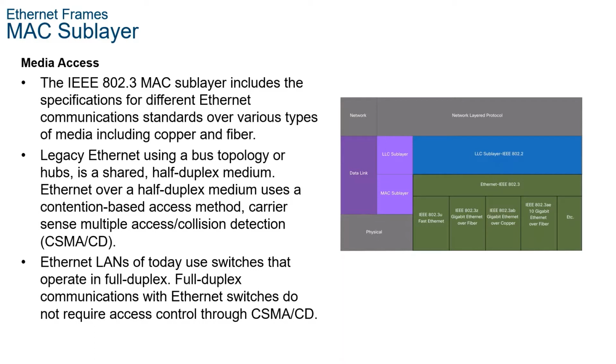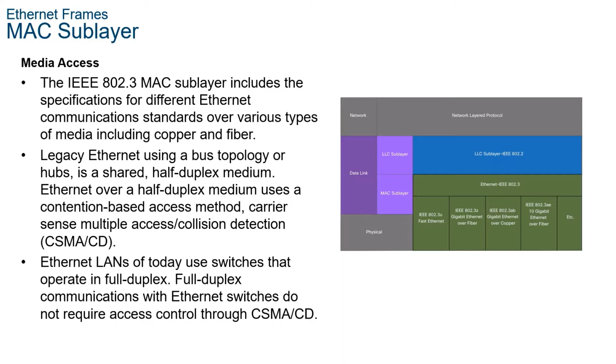Ethernet over a half-duplex medium uses a contention-based access method, Carrier Sense Multiple Access with Collision Detection, or CSMA/CD. This ensures that only one device is transmitting at a time. CSMA/CD allows multiple devices to share the same half-duplex medium, detecting a collision when more than one device attempts to transmit simultaneously. It also provides a back-off algorithm for retransmissions.